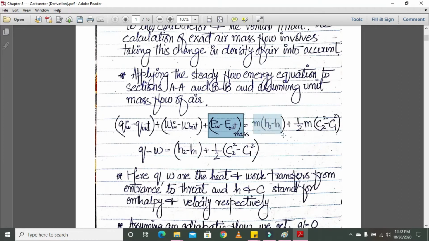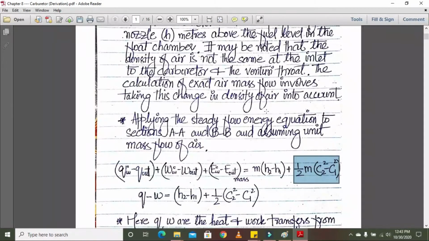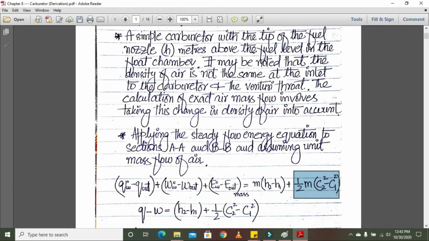Then the next expression is for the enthalpy changes, and another one is for the kinetic energy changes. You must keep in mind that H here is for enthalpy. That's why for the elevation I am not using the letter H. We will be using the alphabet Z, which I mentioned in the diagram. So H is for the enthalpy changes.